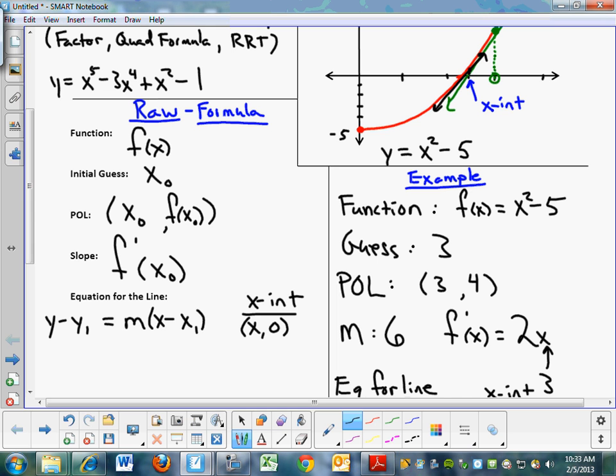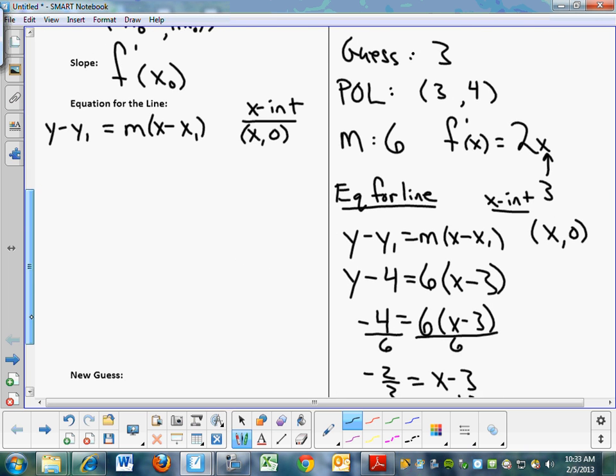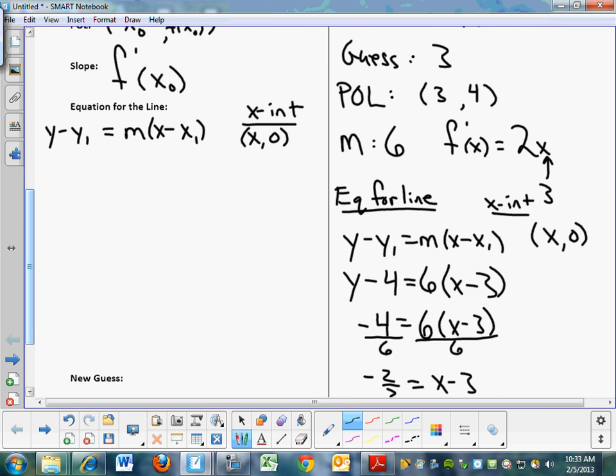Remember, we plugged in our initial guess, which was x sub 0, right on this green line. It gave us a height. We wrote an equation for the tangent line, and now we're finding the x-intercept, which will be our new guess, so we could get really close to that next spot. So let's go about that process. When you have a new guess, you just do it over again.